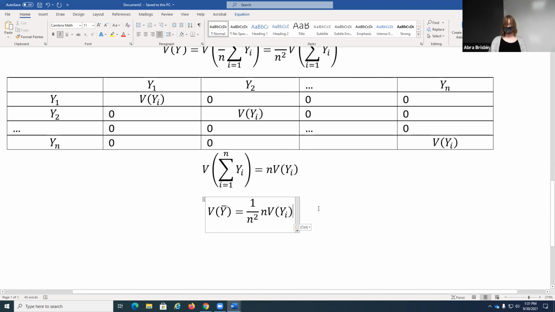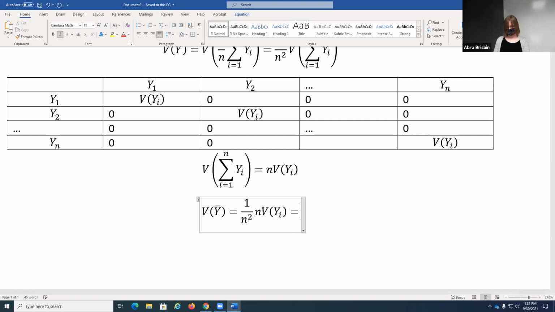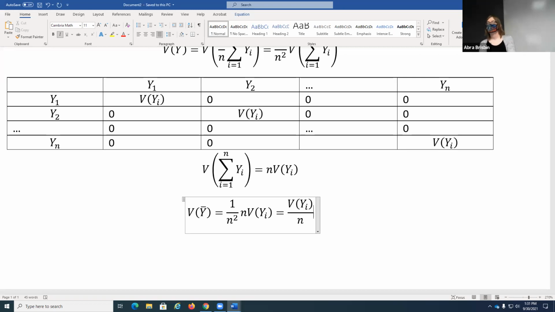So now we can cancel one of these n's, and we're left with the variance of the y sub i's divided by n. Questions about that? All right.